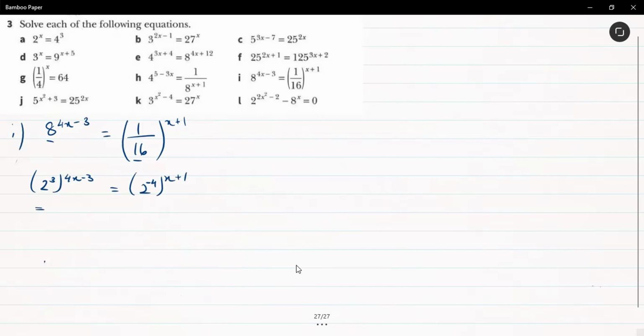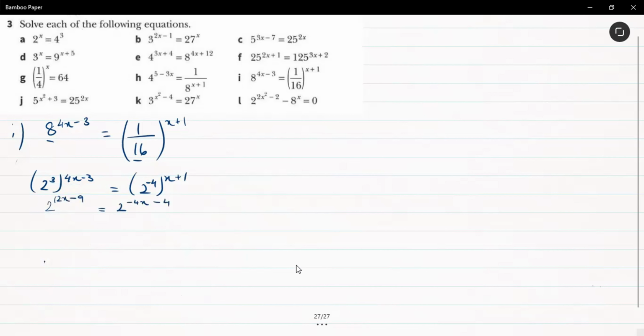So I'm going to just directly solve this. 4 threes are 12. Okay, I'm going to make it simple. That's the main reason I'm recording these lectures, to make it simpler for you. So 4 threes are 12x, minus 3 threes are 9, is equal to 2 raised to the power negative 4x minus 4.